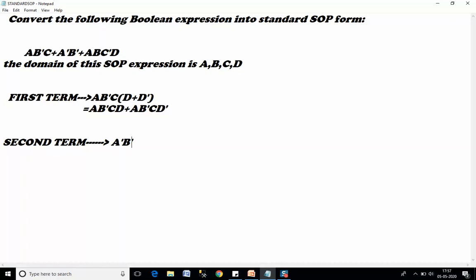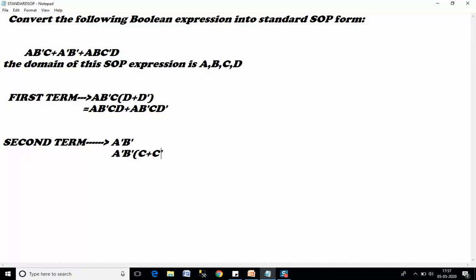First, it can be written as A complement B complement ANDed with C or C complement, because C or C complement will be equal to 1, and 1 multiplied by A complement B complement will be equal to A complement B complement.